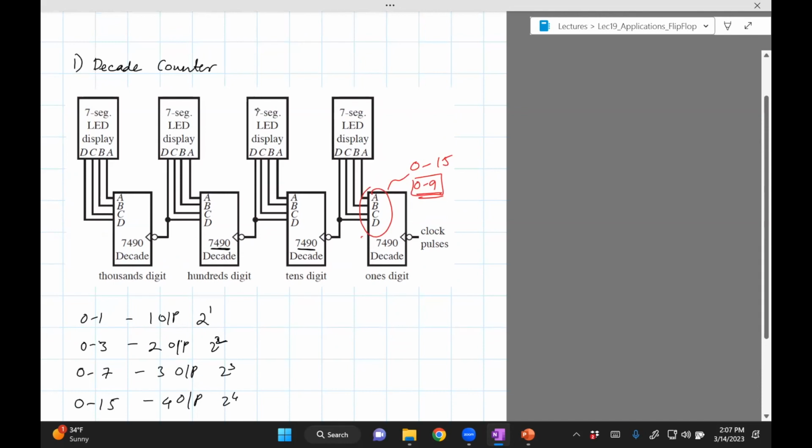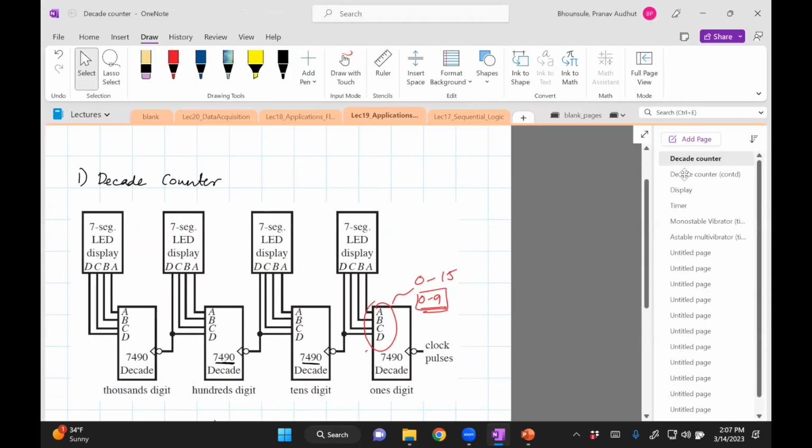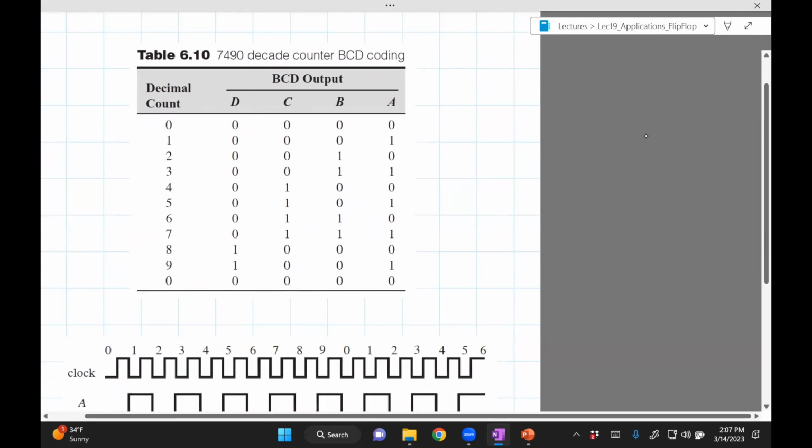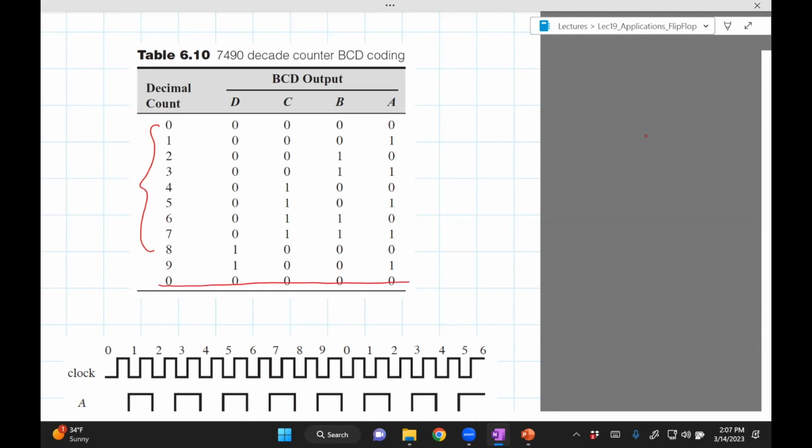So what I mean by that is, if you look at the outputs, ABCD, as I said, we want to count 0 to 9. Just ignore this. So how will you do that? Well, if you have 0, 0, 0, that would be 0, that is, you need to convert binary to decimal. The next one would be 1.